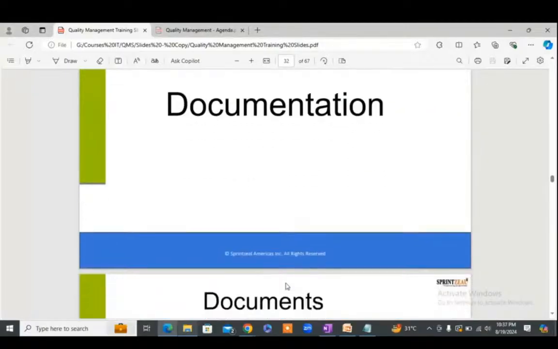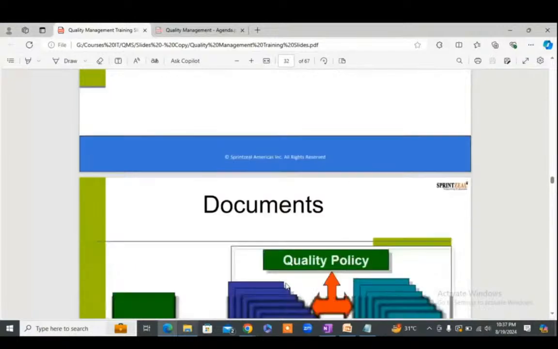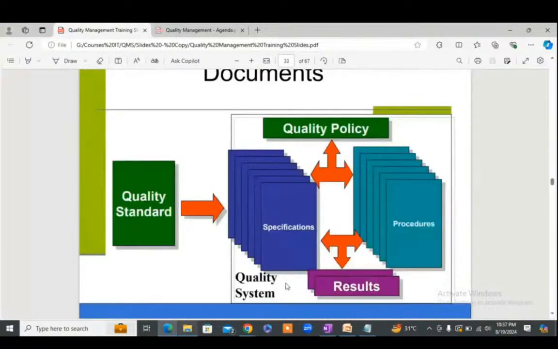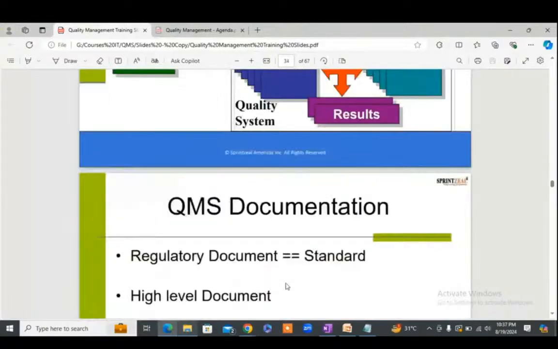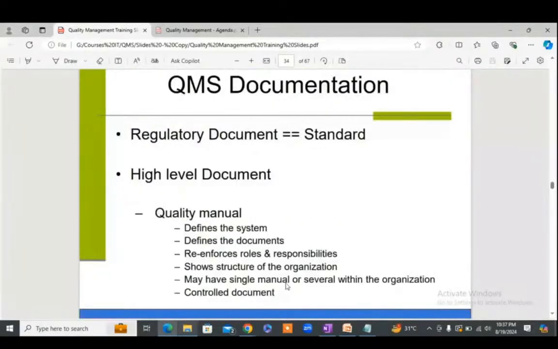By fostering a culture where people are knowledgeable and engaged, a QMS can achieve consistent, high quality outcomes and enhance overall organizational performance. It's all about people and the QMS.